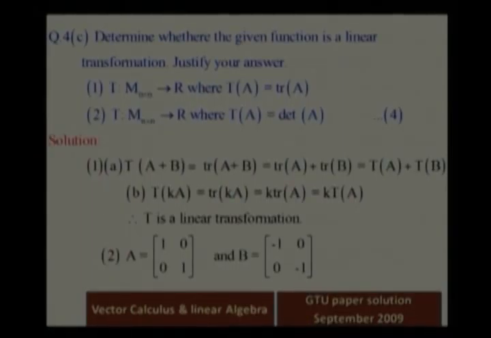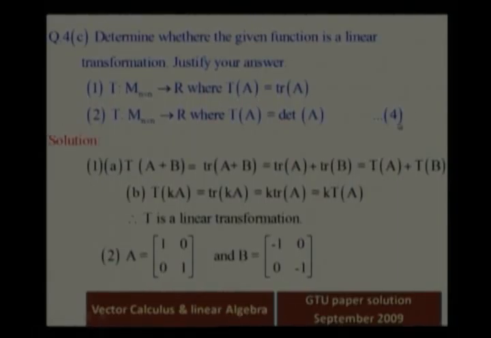First one is transformation T from set of n cross n matrix to R, where T of A is equal to trace of A. And the second one is the transformation T from set of n cross n matrix to R, where T of A is equal to determinant of A.